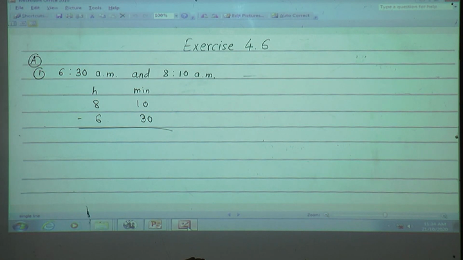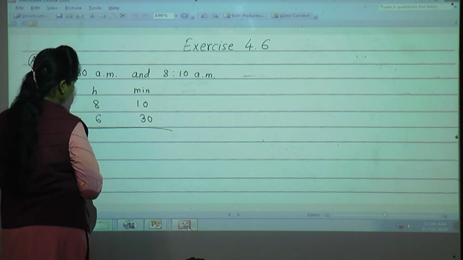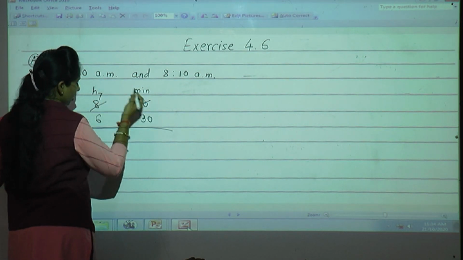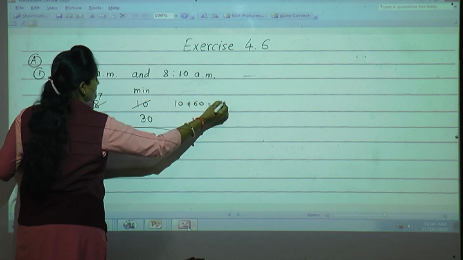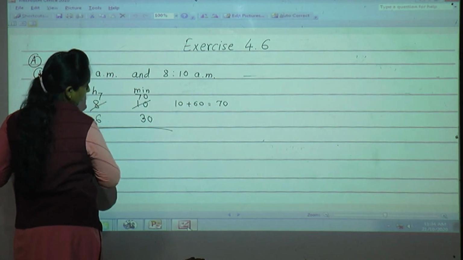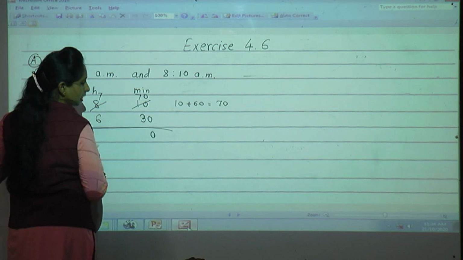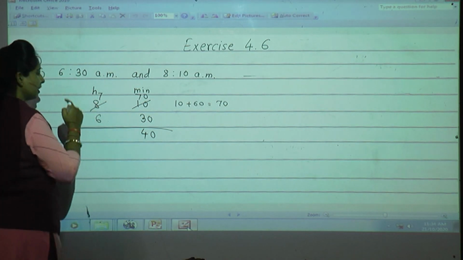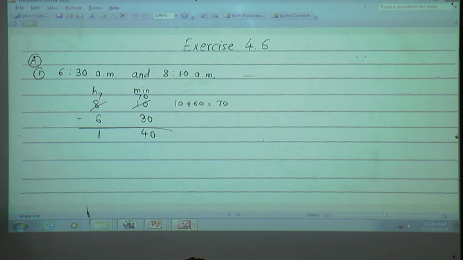Now 10 minus 30 we can't do. For that we have to borrow 1 hour from the hours. So if he gives 1 hour here, what do we have to add? 10 plus 60 is 70. So here we'll write 70. Now 70 minus 30 is 40, and 7 minus 6 is 1. So what is the time interval between these?